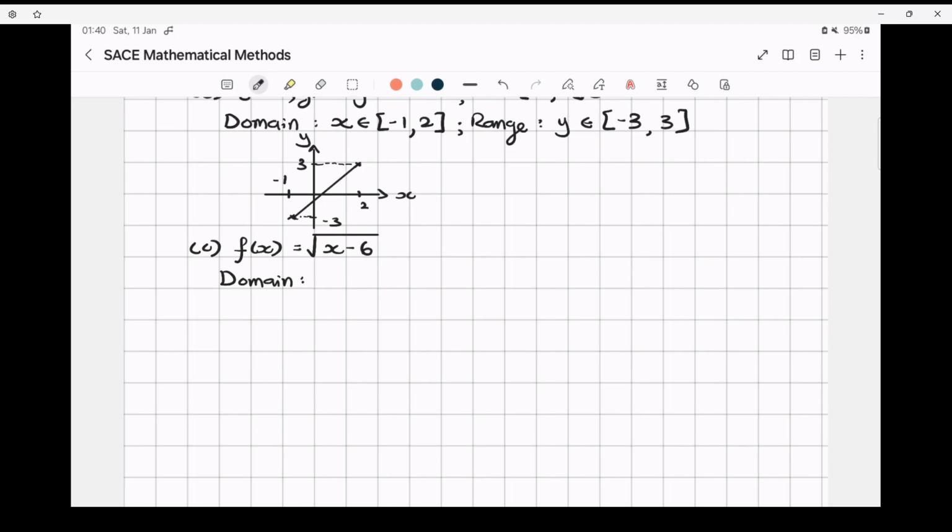So the square root of a number is not defined when it is negative. So the smallest x will be starting from 6 onwards. So x has to start from 6 and you can go to infinity.